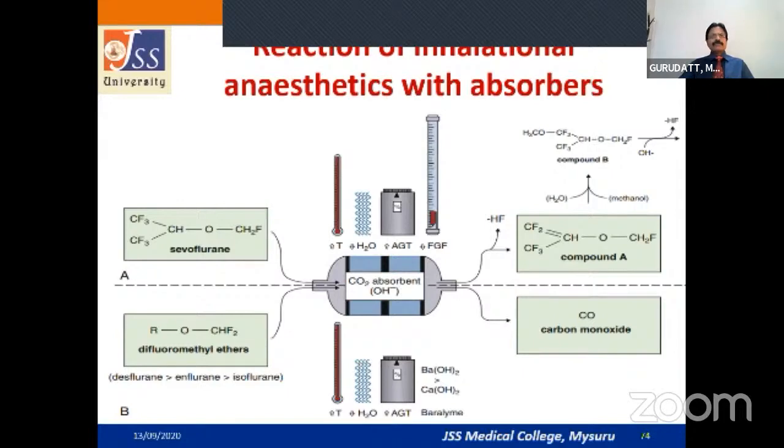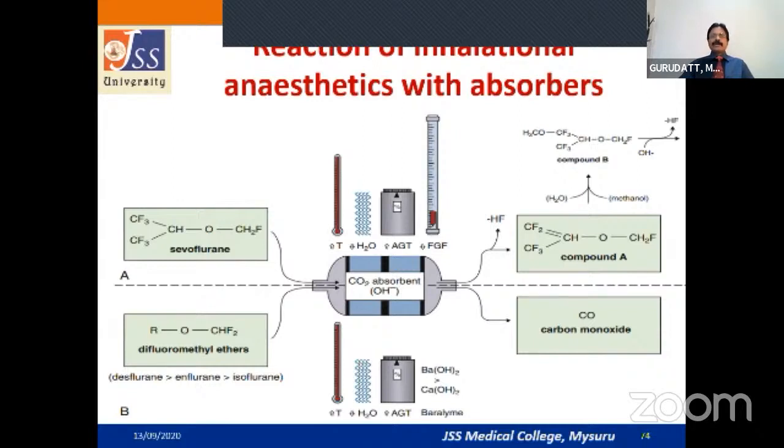Then sevoflurane can interact with the absorbent and produce a compound called compound A, which has been proved to be nephrotoxic in rats. That is the reason a caution has been given whenever you want to use sevoflurane. If you want to go for low flows, it is better not to go below 2 liters ideally.